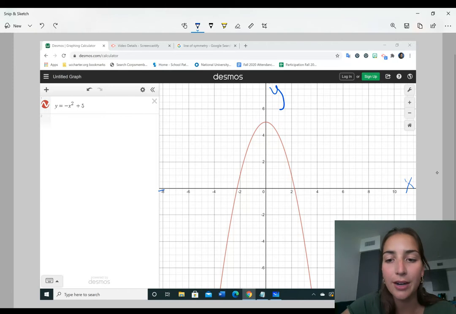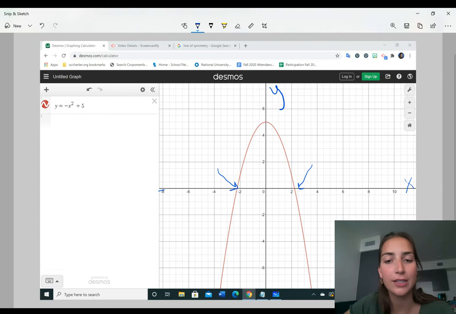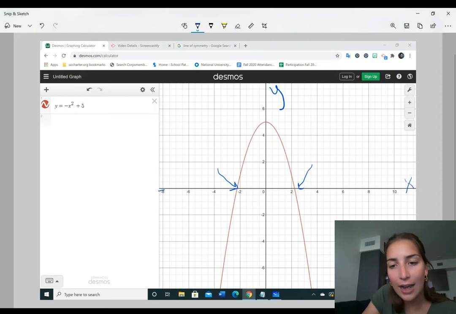So here, our graph, nuestra gráfica, se cruza el eje. So here, our graph crosses the x-axis. So these points right here, we call them x-intercepts.